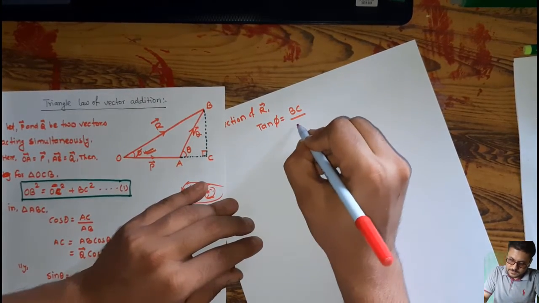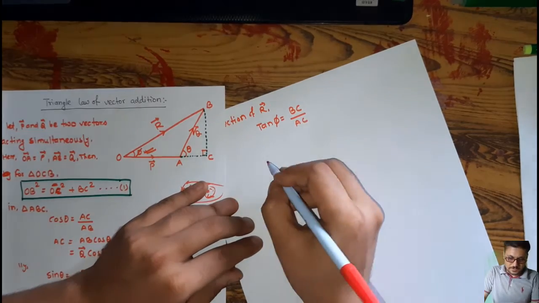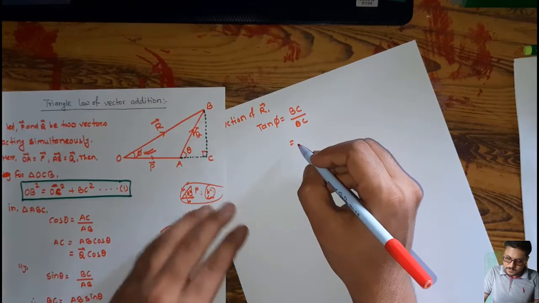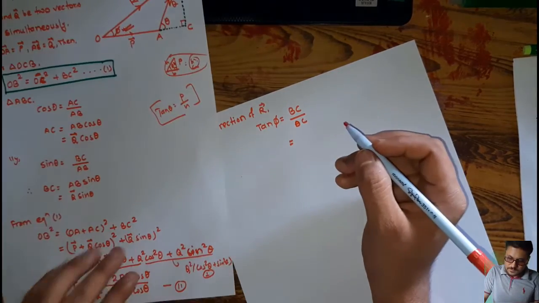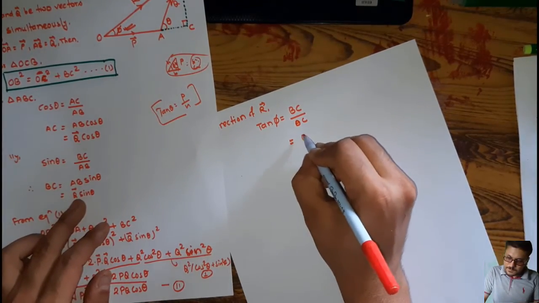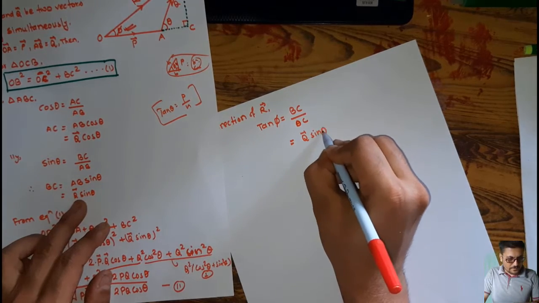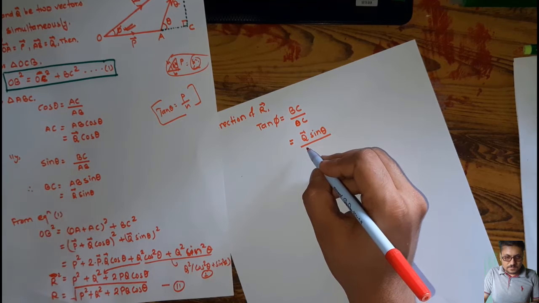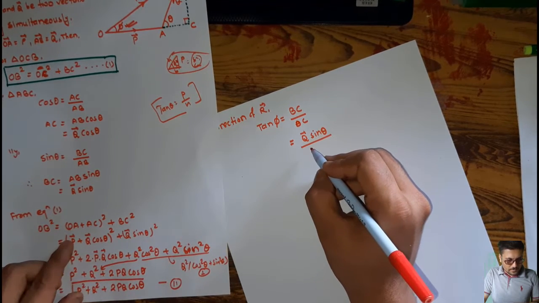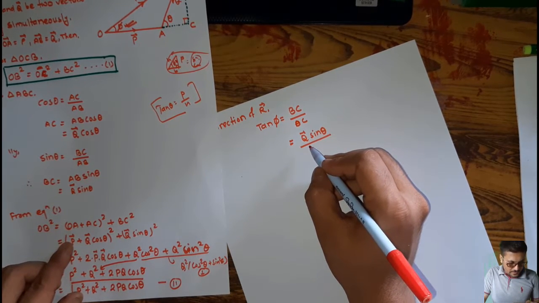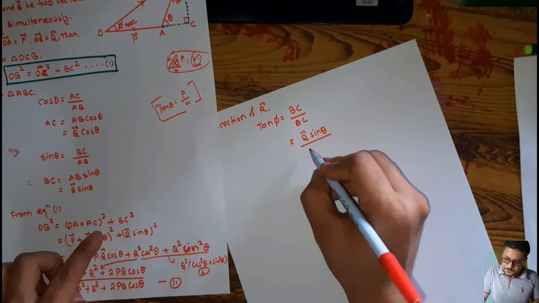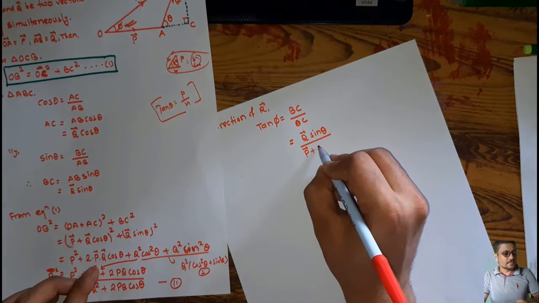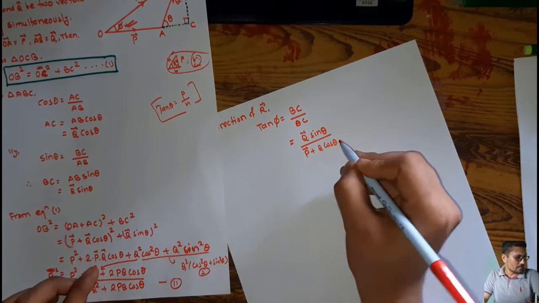Tan phi equal to BC upon AC or OC, which is equal to, BC means I had calculated already here, Q vector sin theta, by OC. OC means OA plus AC, that's why P plus Q cos theta.